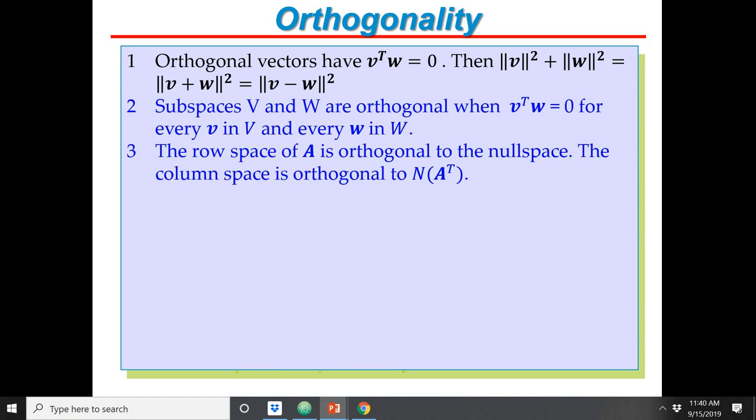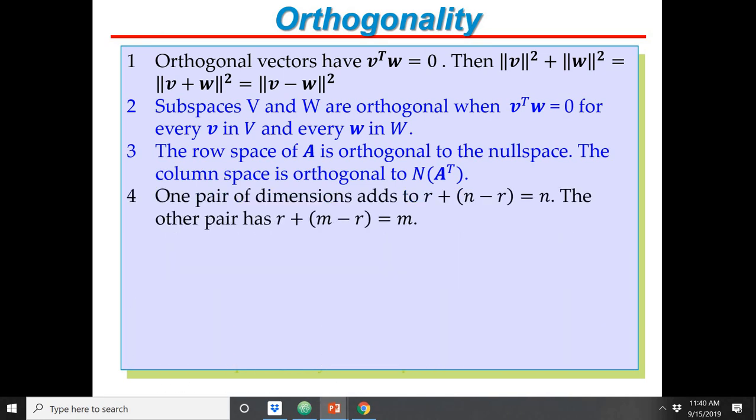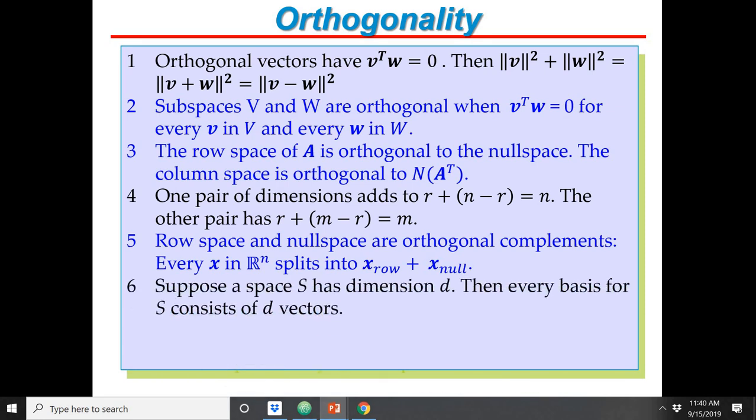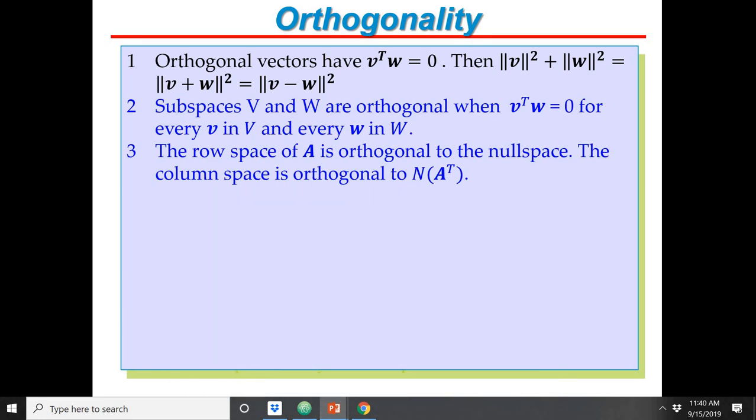Now we're going to prove that they are orthogonal to each other. Even further, we're going to prove that the column space of A is orthogonal to the left null space.